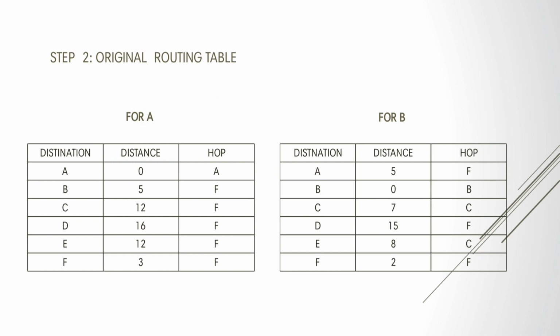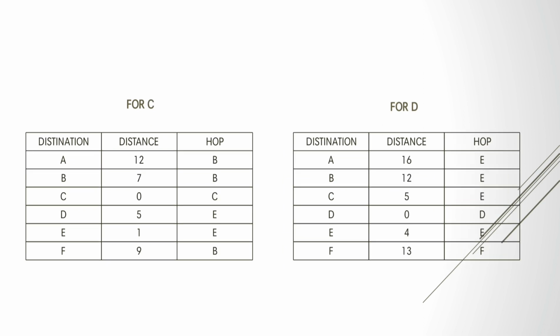For B to C, the distance covered is 7 from the neighborhood node C. For B to D, the minimum distance covered is 15 through the neighborhood node F. Then from B to E, the distance is 8 through the neighborhood node C. Next for B to F, the distance is 2 through the neighborhood node F.